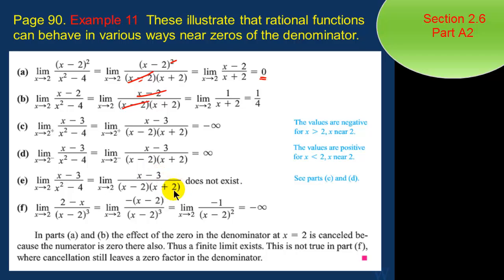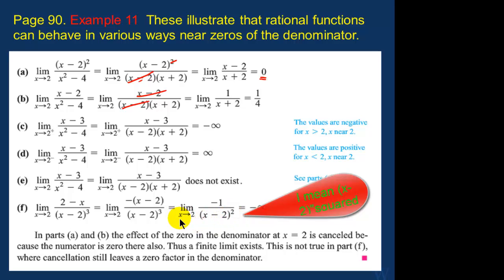Okay, now let's look at letter F. In letter F, we have (2 - x) divided by (x - 2), and if I factor out the negativity from the top, I'll get negative of the quantity (x - 2). We can see that we can cancel out one of the factors from the bottom and the top, so we are left with taking the limit of negative 1 over (x - 2).